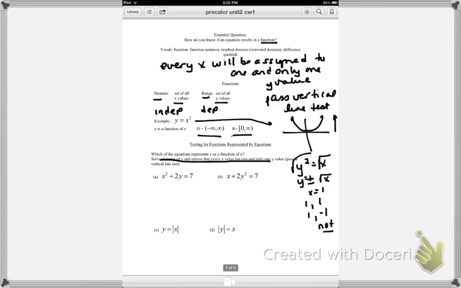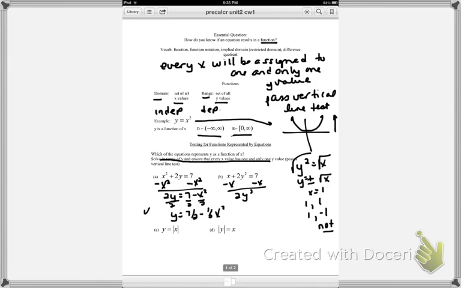So let's take the first one and solve in terms of y. Let's divide by 2. And what you have here is your basic parabola with a couple of transformations in it. But yes, this guy's a function. B, on the other hand, has your y squared in it.